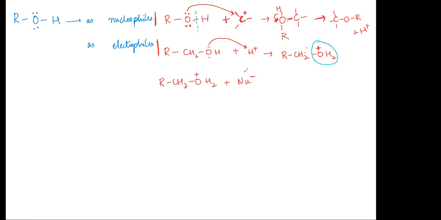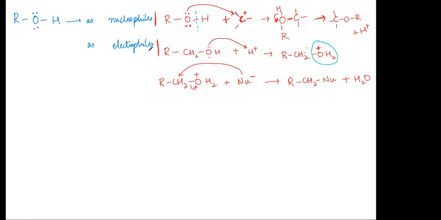So nucleophile is rich in electrons, so that's going to attack this carbon, because it's going to attract the electrons towards itself. So you'll end up with RCH2Nu, like basically the nucleophile, plus H2O.